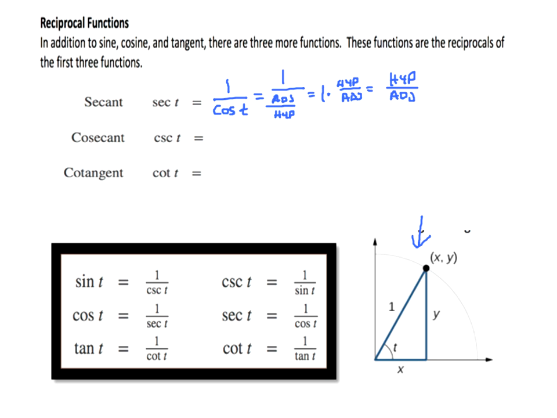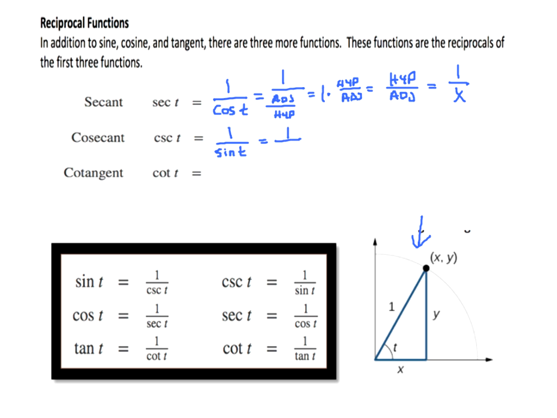And if we go back to this unit circle triangle with the x and the y and the 1 as the hypotenuse, we would get that that is 1 over x. Okay? The cosecant is the reciprocal function of the sine.